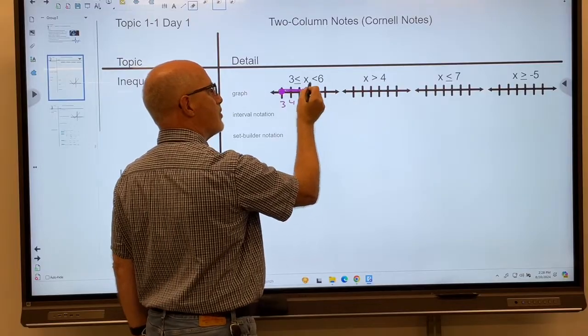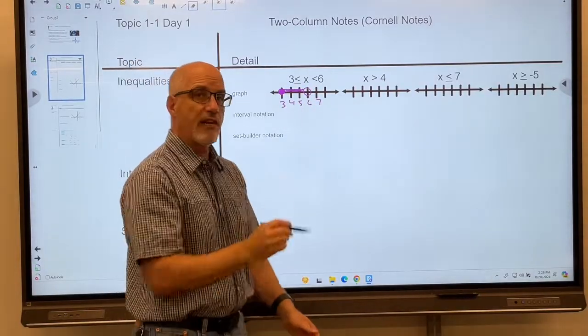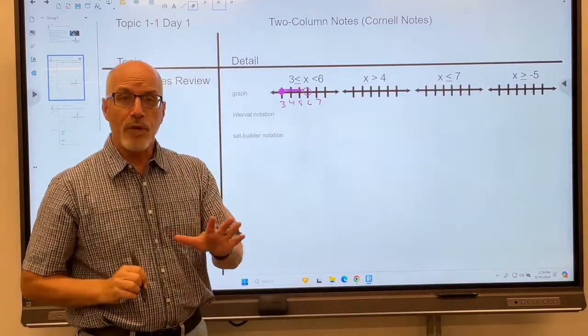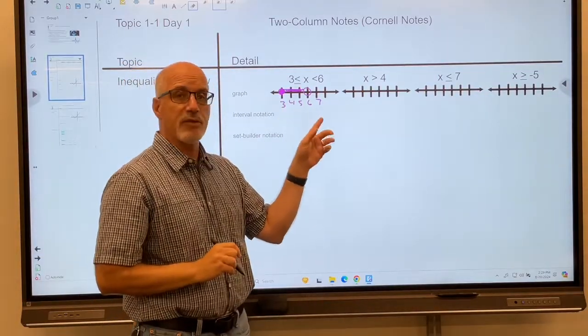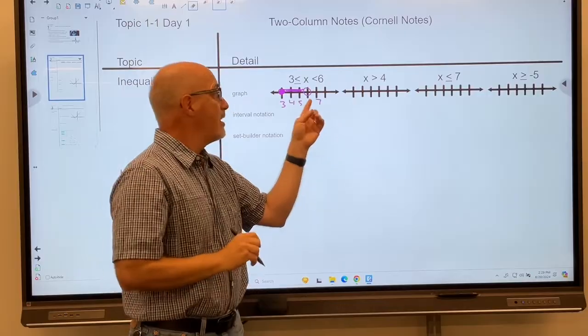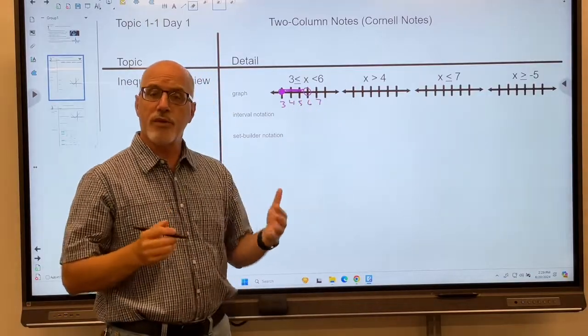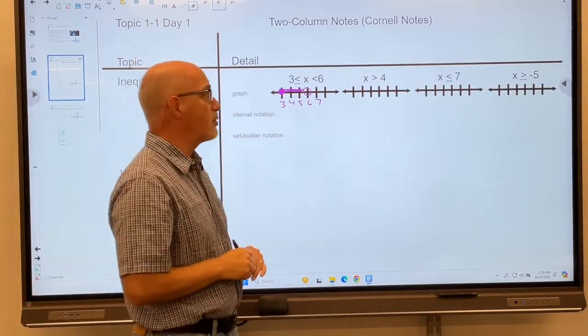It's not or equal to, it doesn't have the line under it. Then shade everything in between, remembering that it includes all the decimals in between, like 3.9, 5.2, all those decimals are included between the numbers as well.